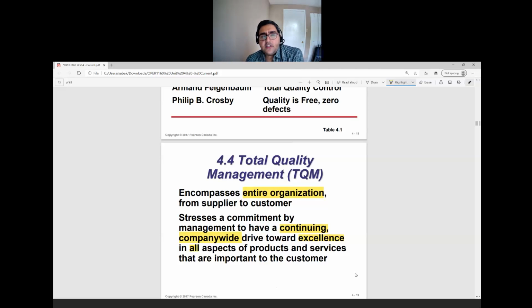Let's think of an example here. If you consider Conestoga College just as a place where you can get education, then the focus will just be on exams and test papers and things like that. But Conestoga College doesn't create just the education. They try to improve on every aspect of the business.